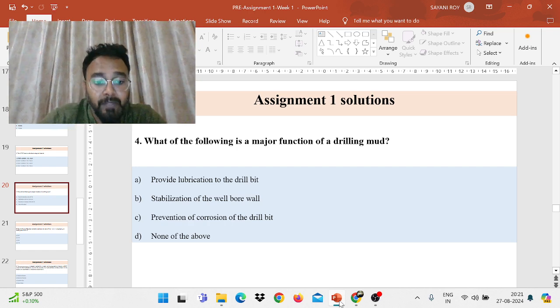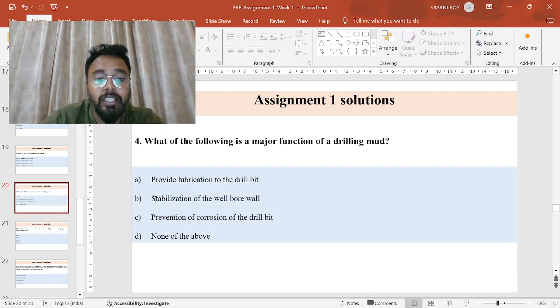If there was an option here for A and B, you could have marked A and B, but since there is no such option, the correct option in this case will be stabilization of the wellbore wall, because it is a correct answer with no doubt. In A or C there is a little bit of doubt because it's talking about the drill bit and not the drill stem.